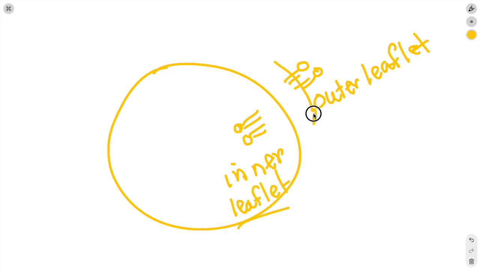These are phospholipids. They're held together by non-covalent interactions, and they are just hydrophobic interactions. It's very loose. The cell membrane is like soft butter.